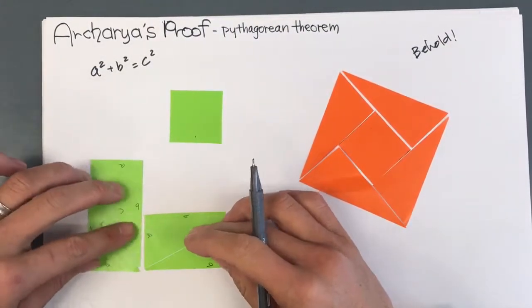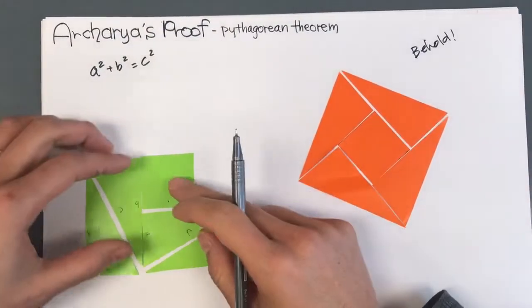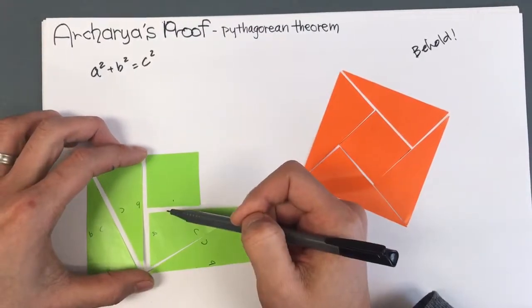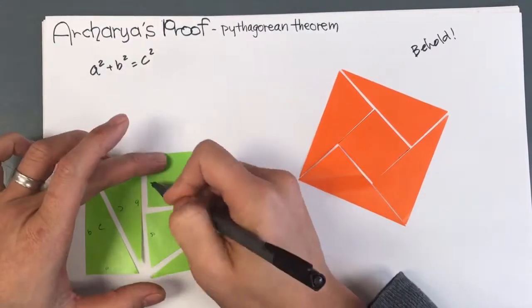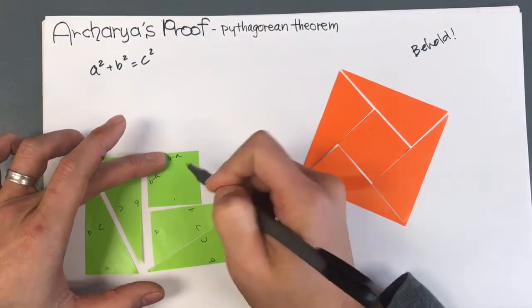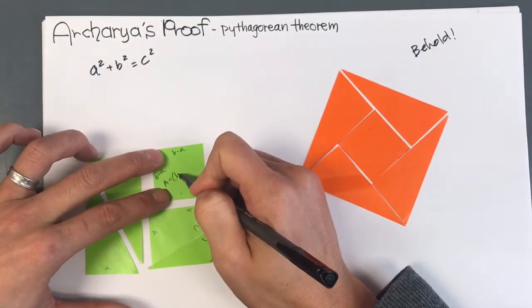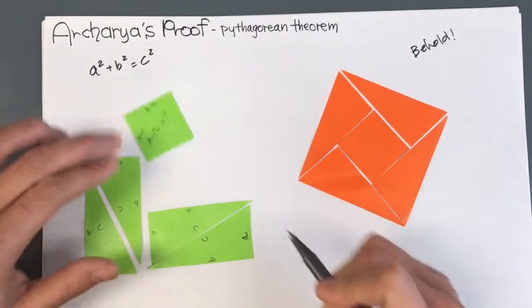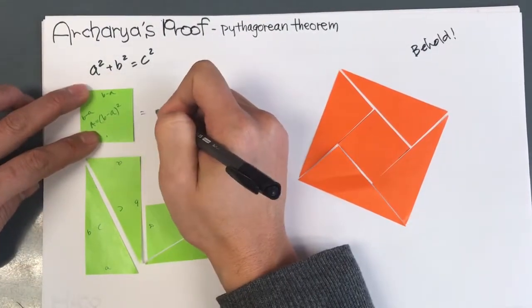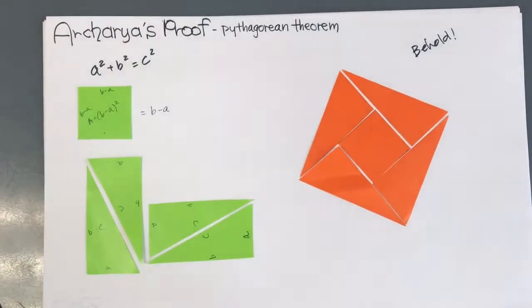So let's think about this guy. As you see, this is a square, so the length of this is B minus A. So this is B minus A and B minus A. Therefore, the area of this square is B minus A squared.